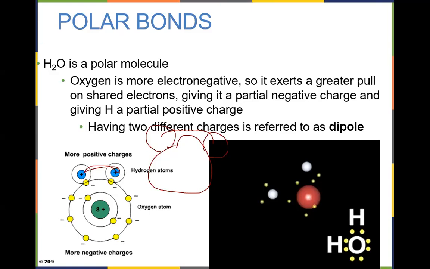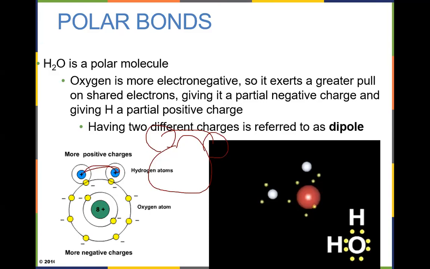And so a water molecule becomes polarized. The hydrogen ends are slightly positive because the electrons are dragged away, and the oxygen end is negative because it is drawing more electrons down there.